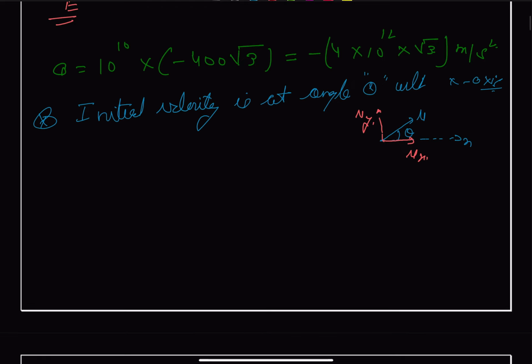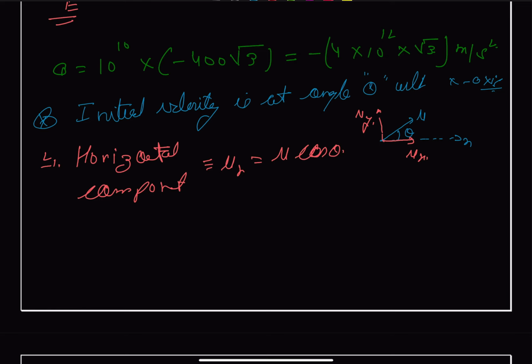Therefore, our horizontal component which we called u of x will be equal to u cos theta, and the vertical component that we called u of y is u sine theta.